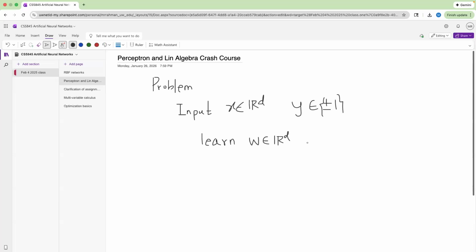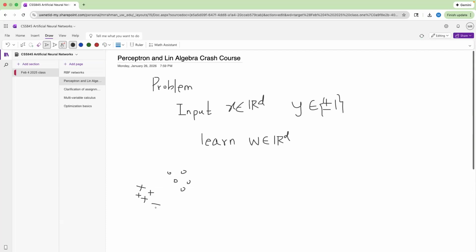Such that if you have a bunch of points, these circles are one class, and then we might have some crosses as another class.